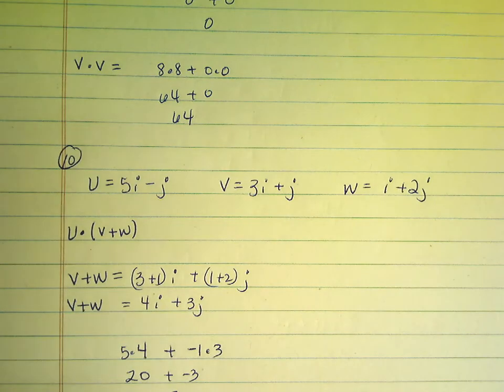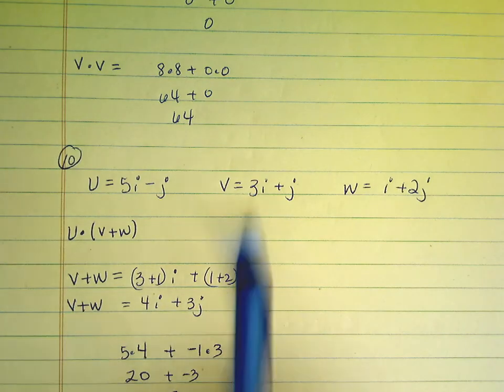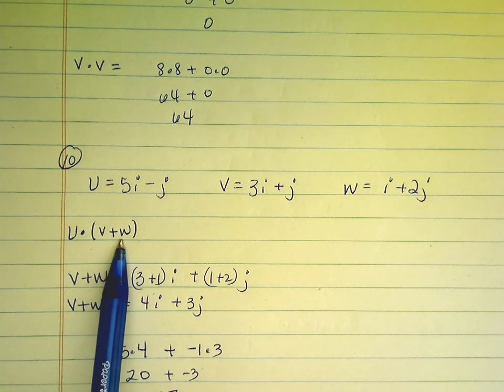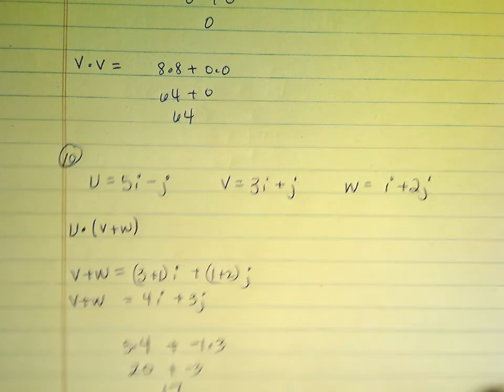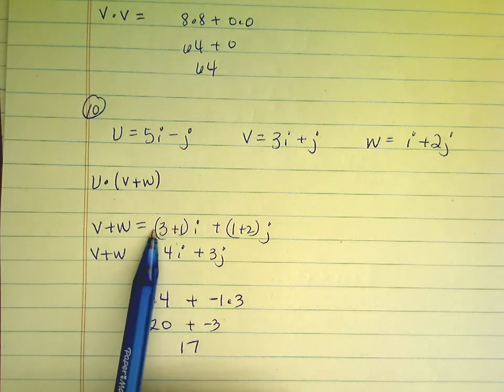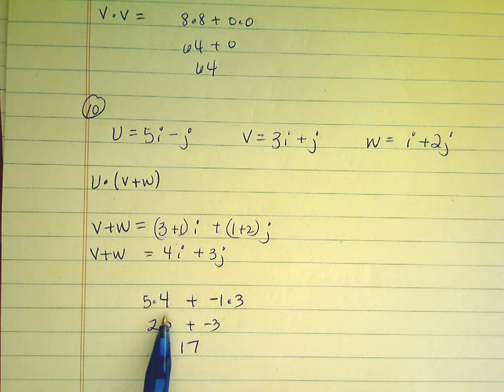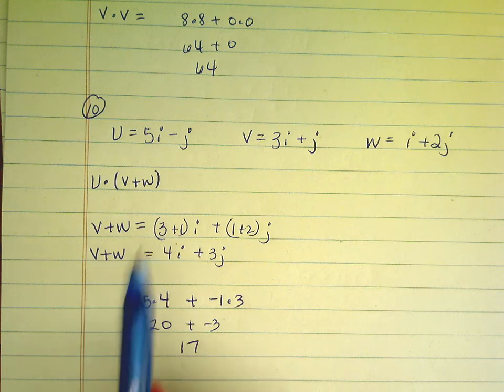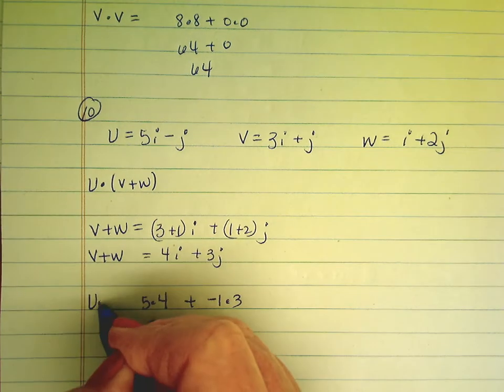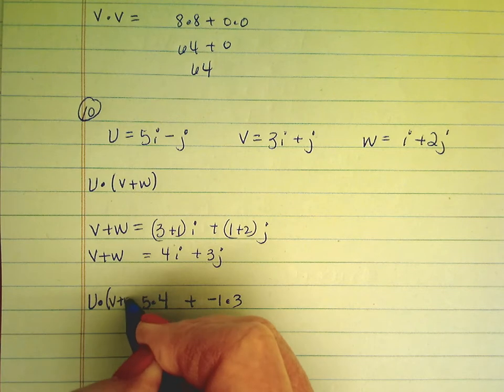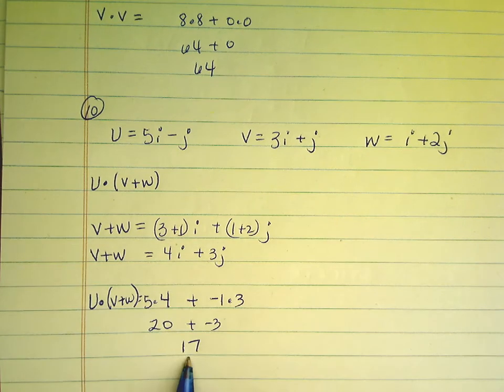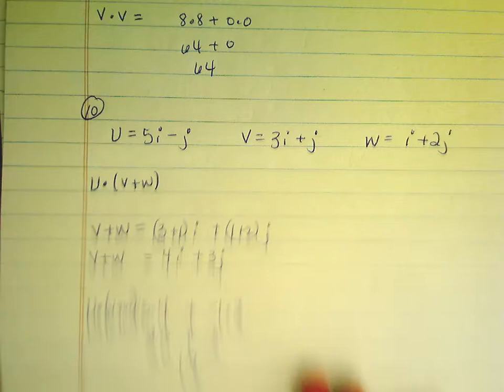Number 10, you're given U and V and W, and you're asked to do multiple operations with them, so you need to add V and W together, and then you need to find the dot product of U and the V plus W sum, and that's what we have here, and it turns out to be 17.